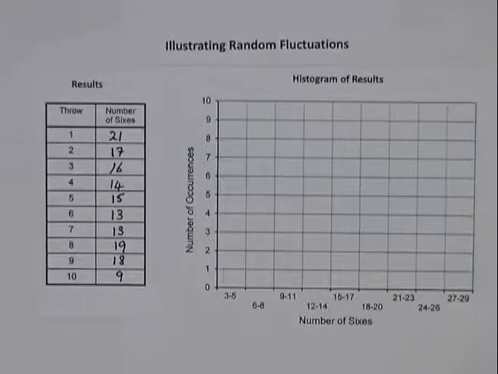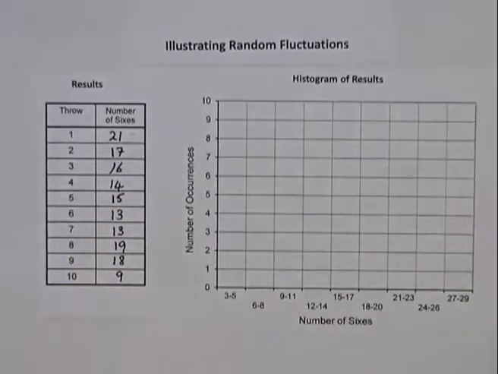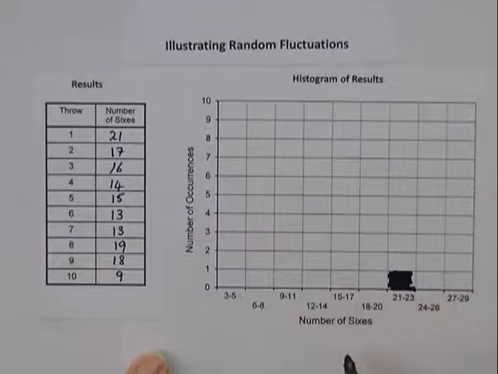Now we can record our results as a graph. I've got here a histogram showing the number of occurrences of each number of sixes against the number of sixes. The first time we had 21 sixes, which is in the range of 21 to 23, so we can shade in that block. The next time we had 17 sixes, which is in the range 15 to 17, so we shade that one in.